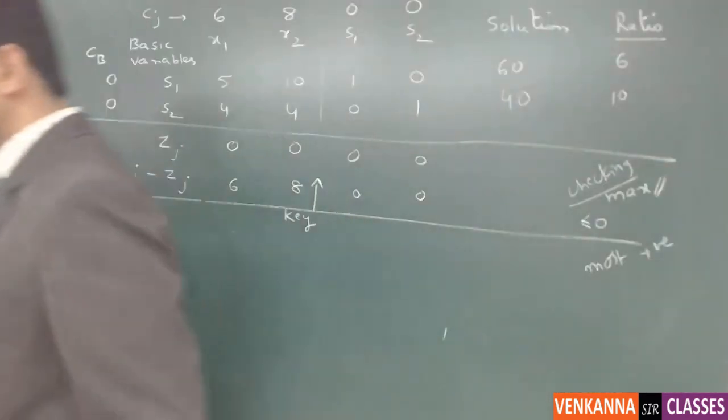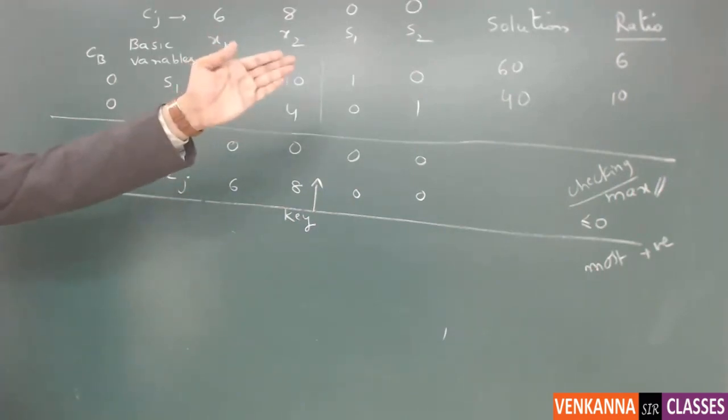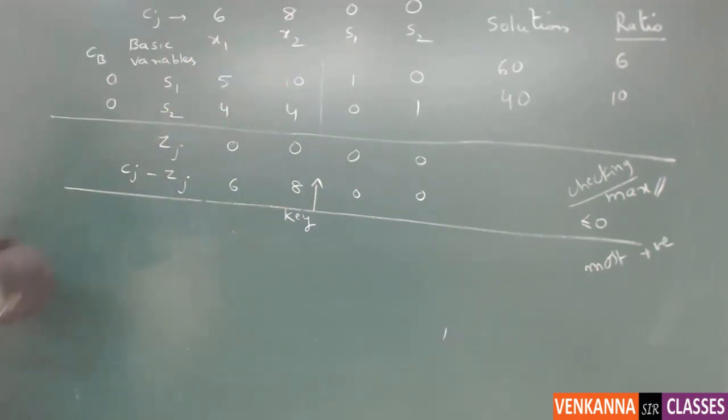Fine. Occasionally, the ratio will be negative and sometimes undefined also. Those things we won't consider. Always we take the ratio as a positive number, sometimes 0. So whenever a negative or undefined value comes under the ratio column, we won't consider that value.